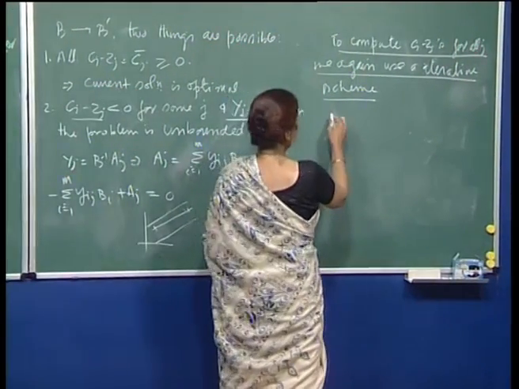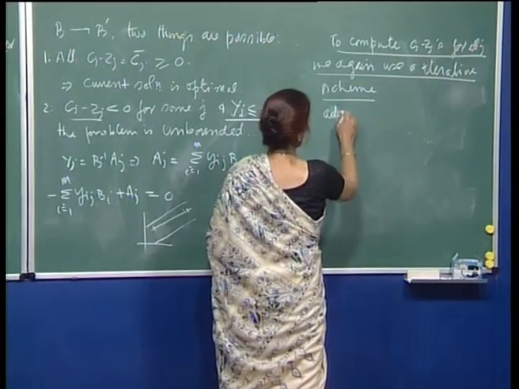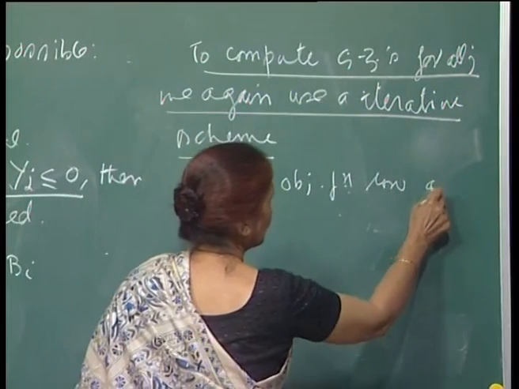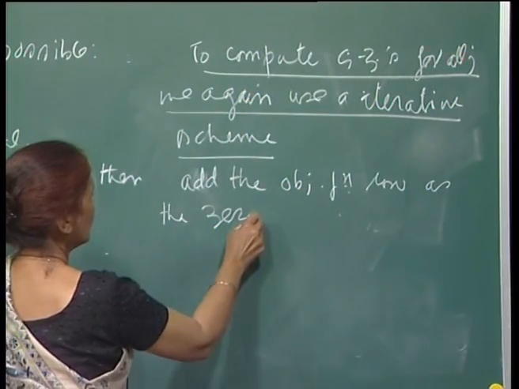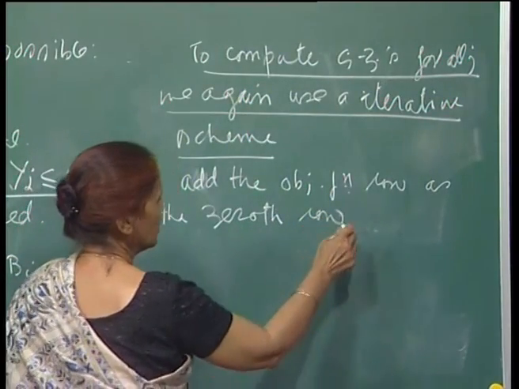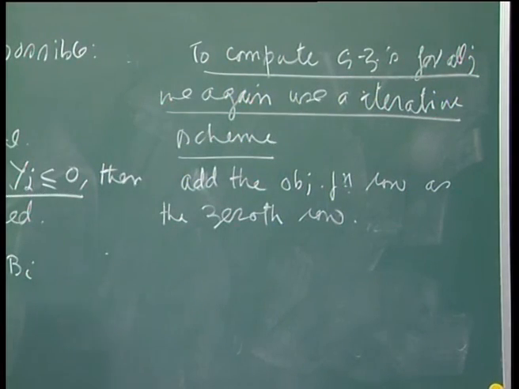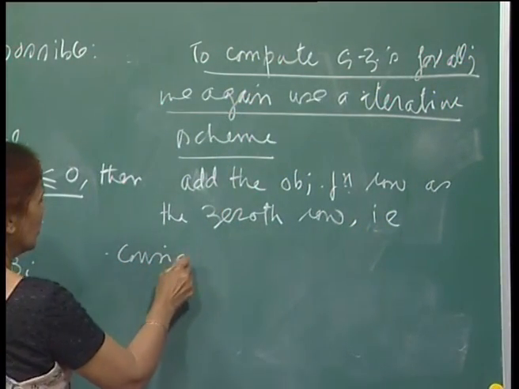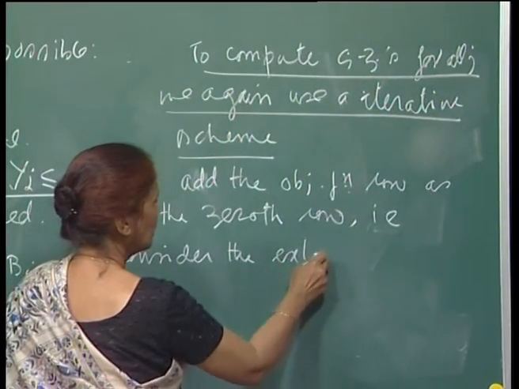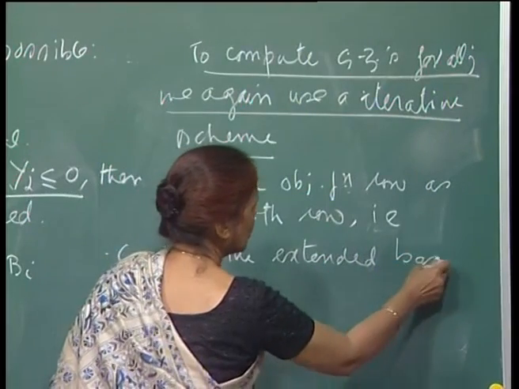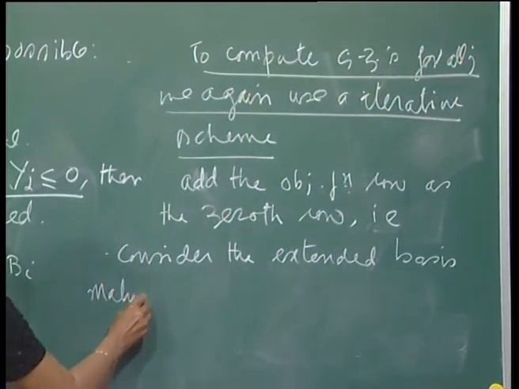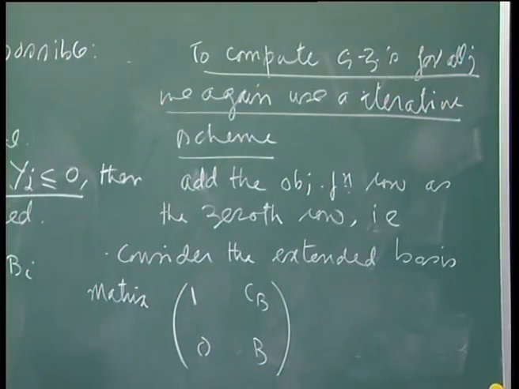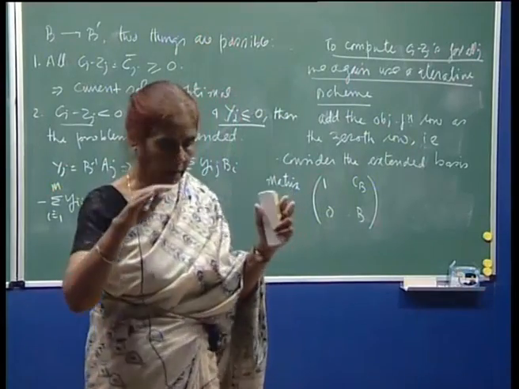So, consider adding the objective function rho as the 0th row, and consider the extended basis matrix, 1 Cb 0 B. So, I have added the objective function also as a part of the constraints, right.